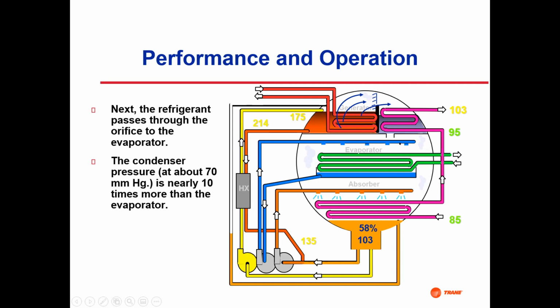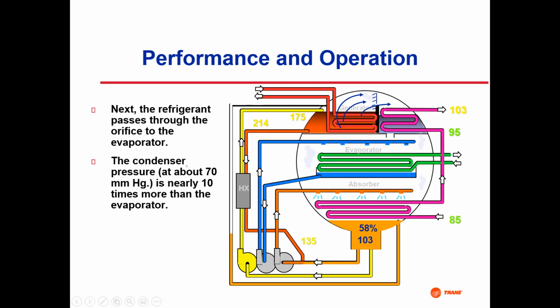So we're constantly spraying this cold liquid water refrigerant on the outside of these evaporator tubes. So this is where the cooling effect occurs in the evaporator. So we have our chilled water coming back from the system, maybe 52, 54, 56 degrees, and then being cooled to 42, 44, something like that, being sent back out to the system.